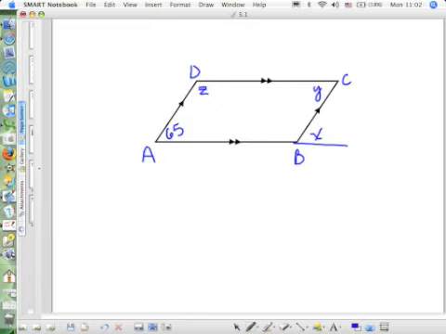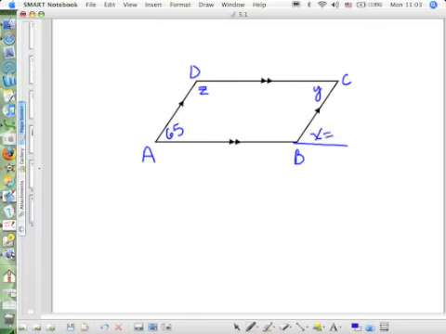Let's start with X. X is 65. Why, Sam? Those are corresponding angles. The 65-degree angle A and this exterior angle B are corresponding angles formed by parallel lines cut by a transversal.